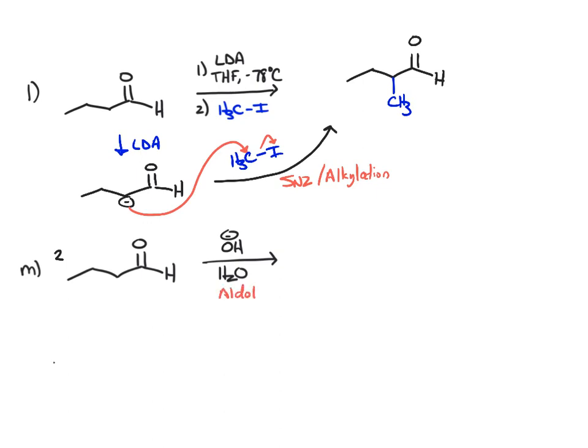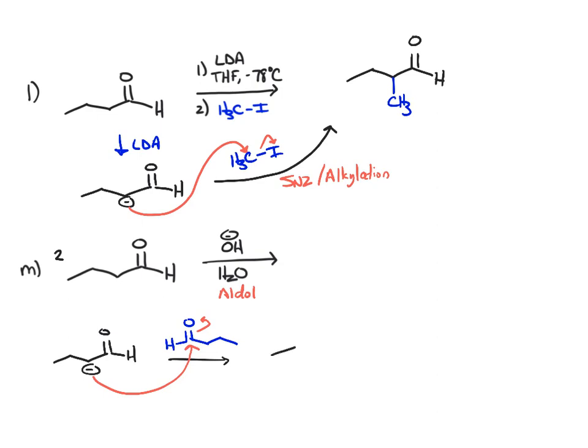So we first get our enolate. That will react with a second molecule of the aldehyde. Let's draw it in blue. So one's the nucleophile, and the one in blue is the electrophile.